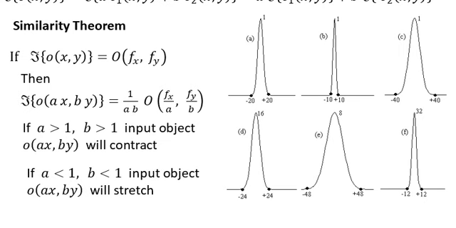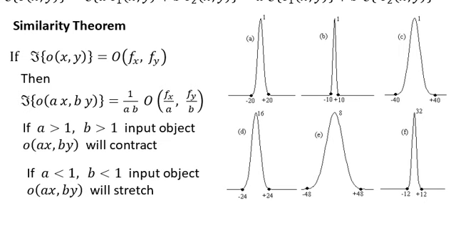Look at the picture in A. It has some width, and if you compare picture B with picture A in the object space, we have contracted the object B in comparison with the object A. But look at their corresponding Fourier transforms over here. The Fourier transform in E has stretched in comparison with the Fourier transform in figure D.